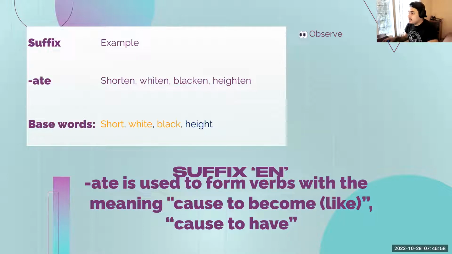There are a lot of words like that, and I want you to observe something important about these words. These are words derived from descriptions, different categories.